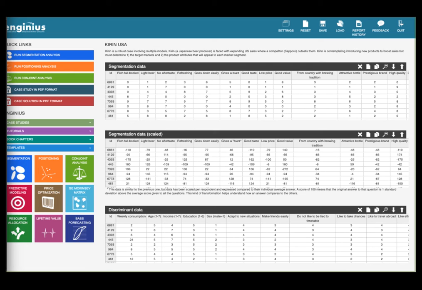Sapporo, which is the biggest rival, now sells more beer in the United States than Kirin, which gives it bragging rights in Japan to claim that it is the best-selling Japanese beer in America, one of the biggest beer markets in the world. To surpass Sapporo in the United States, Kirin needs to sell about 300 to 400,000 incremental cases of beer in the United States market.